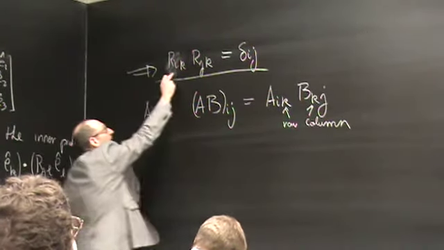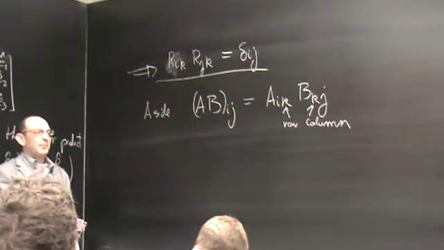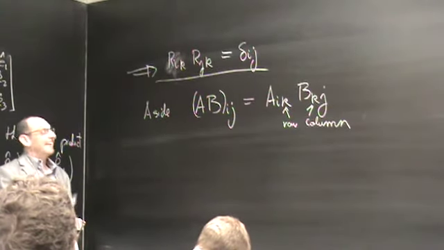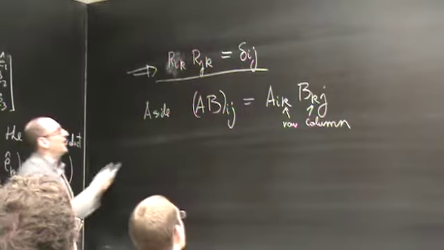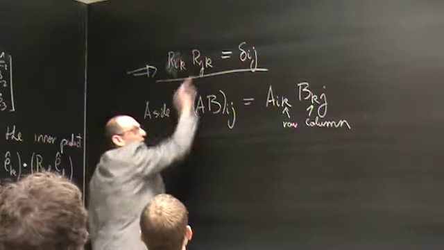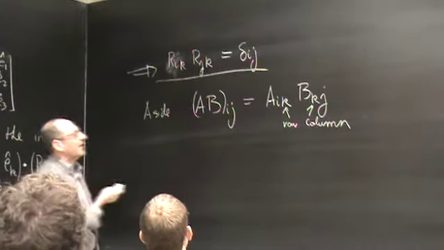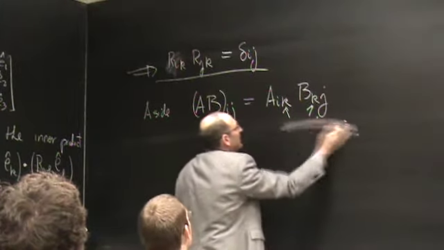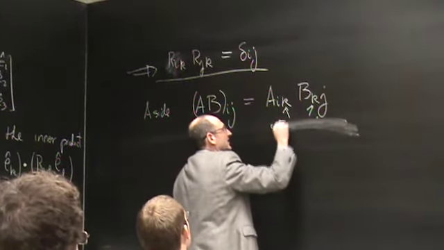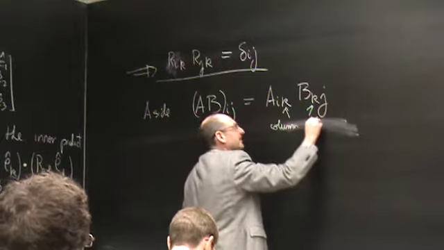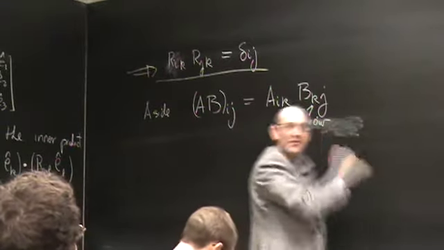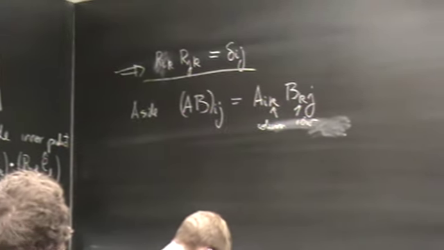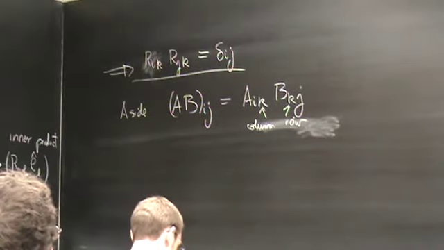So this is not written as matrix multiplication yet, because I'm summing a row with a row, or I mean a column with a column. This is row, column, row. Okay.